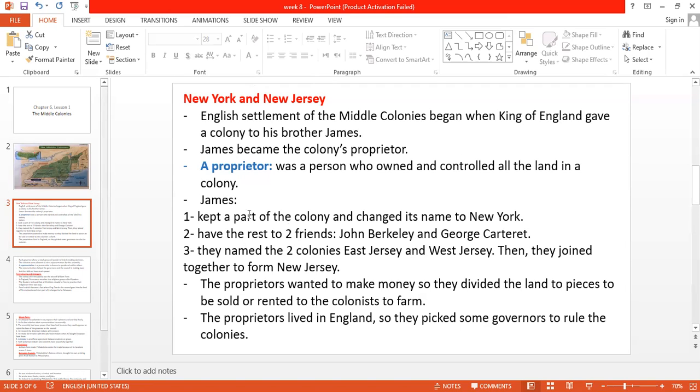Now, what did those proprietors do? You know that we now have three proprietors for New York and New Jersey: King James and two of his friends, John Berkeley and George Carter.